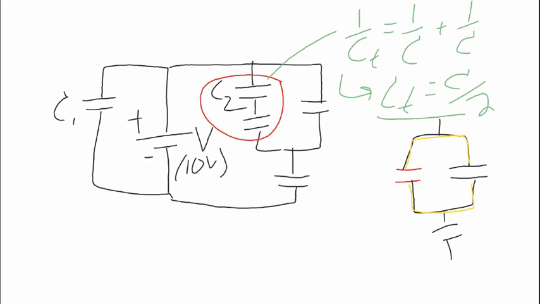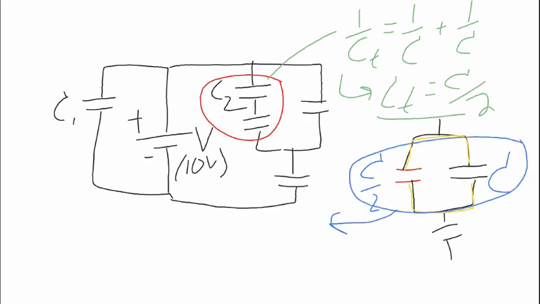The capacitance of this one is C on 2, and the capacitance of this one is still just C. Since they're in parallel, we simply add them together: C total is equal to C on 2 plus C, which is equal to 3C on 2.